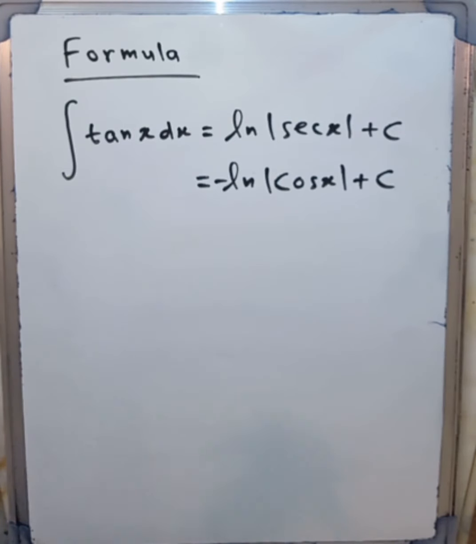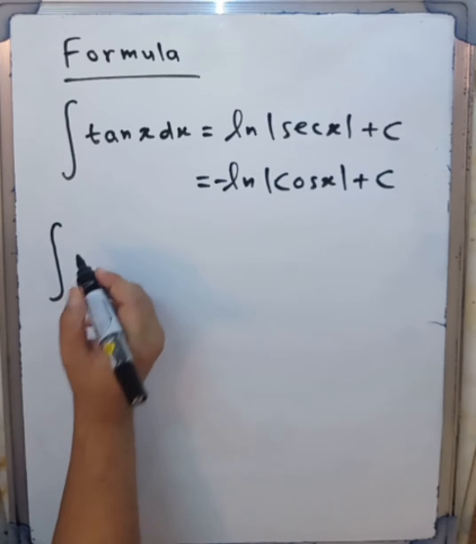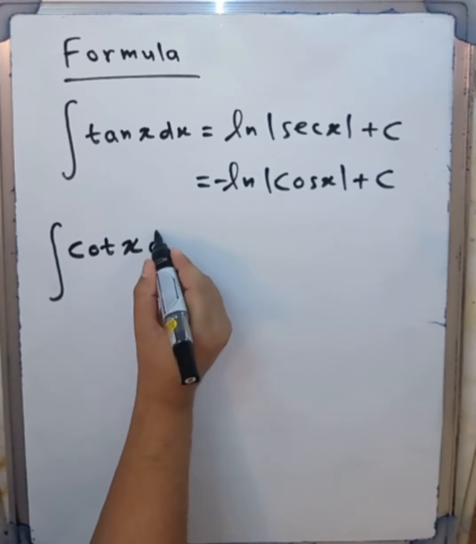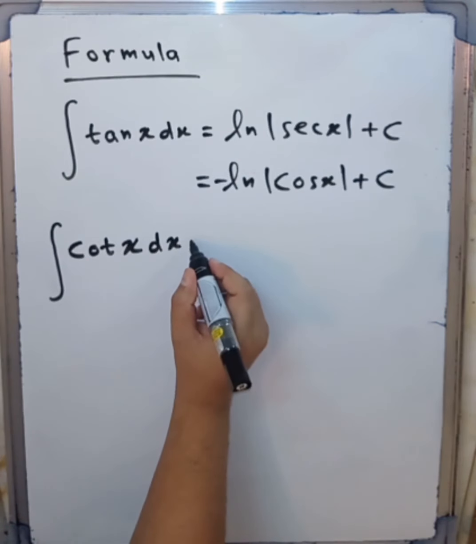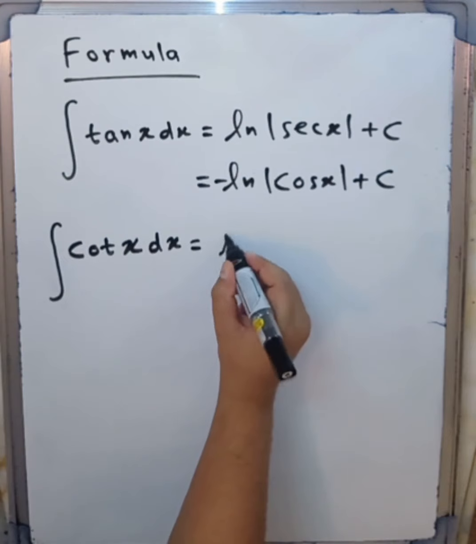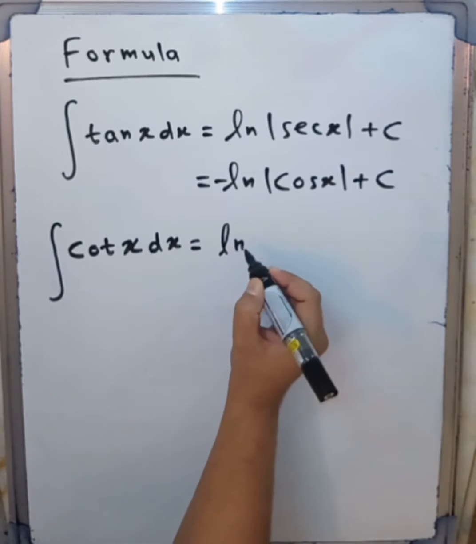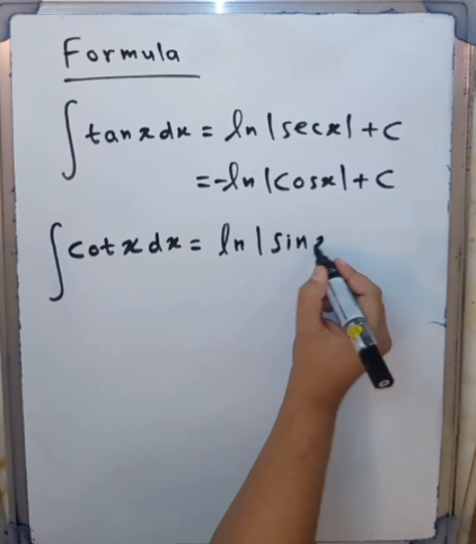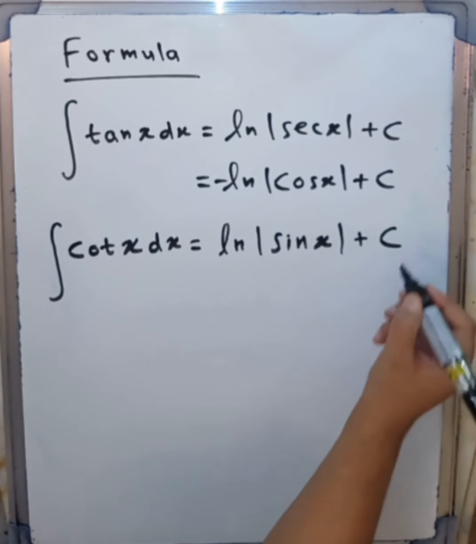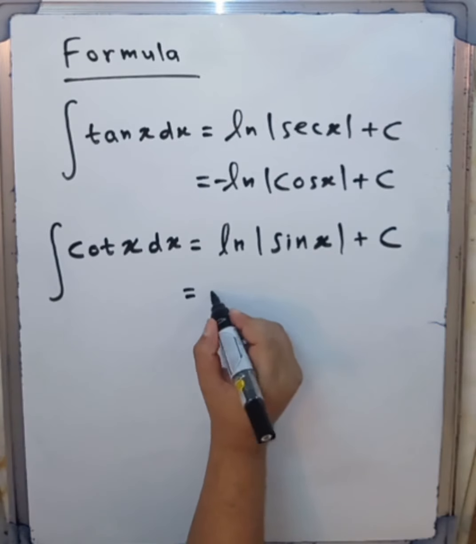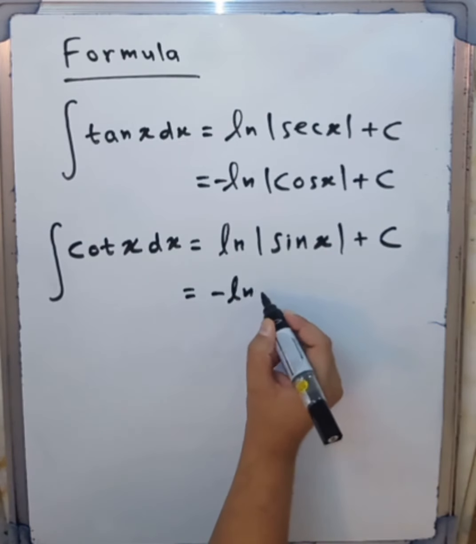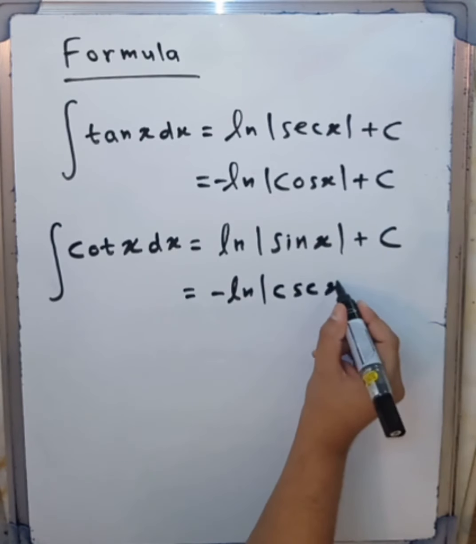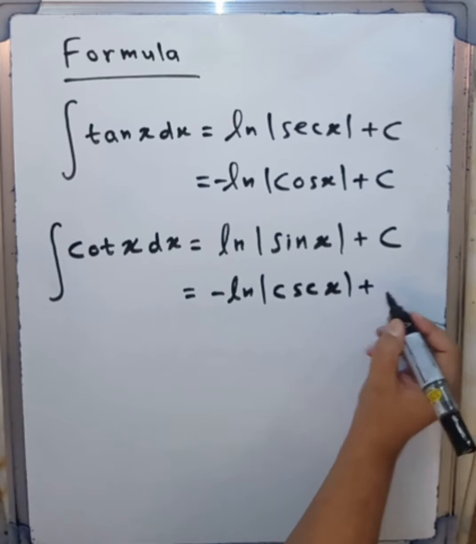The next formula is for integration of cot x with respect to x. This is equal to ln absolute value of sin x plus c, or negative ln absolute value of cosecant x plus c.